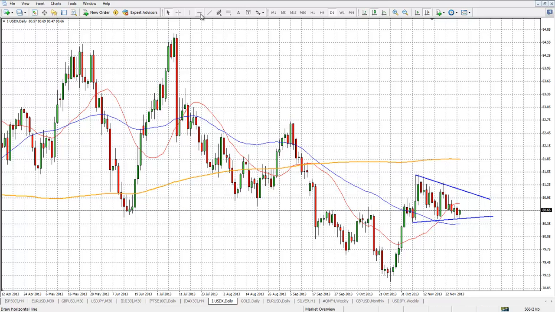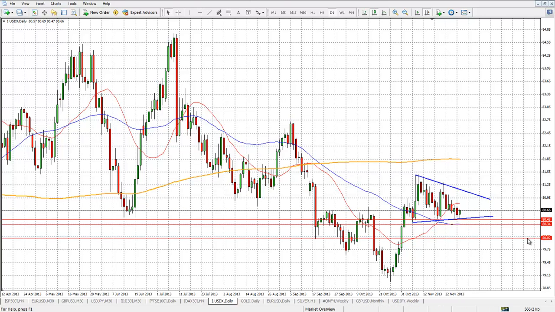So what I'm looking for at the moment is the current support around 80.45 level, followed by 80.34, and definitely around 80 level. 80 is a nice round number, and it's been respected on a number of occasions in the past as a psychologically important level for dollar index.